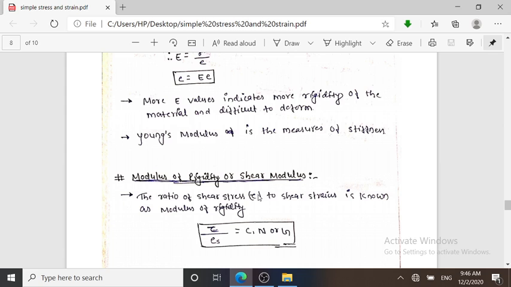More value of Young's modulus means more value of stress. That means the body has more rigidity or is more difficult to deform. So hope your concept is clear about modulus of elasticity or Young's modulus. This modulus of elasticity is nothing but the ratio of stress by strain, either compressive or tensile.